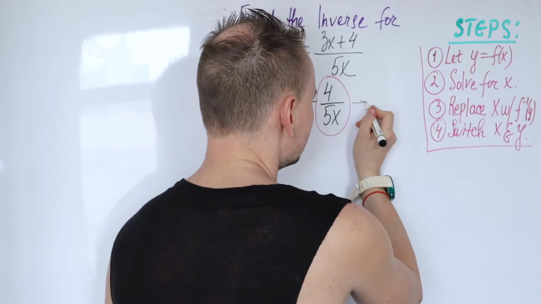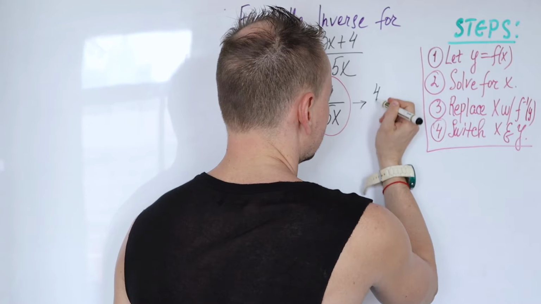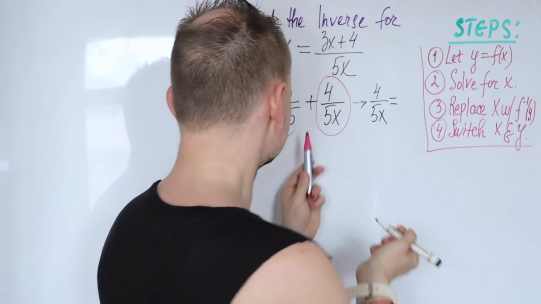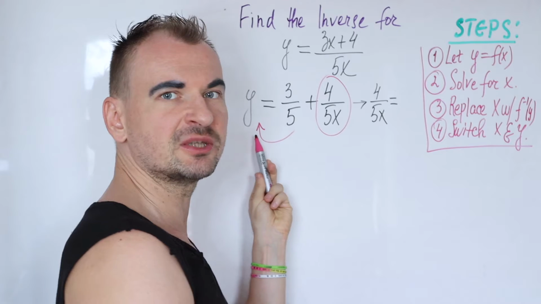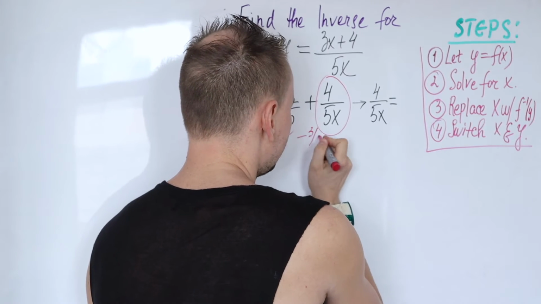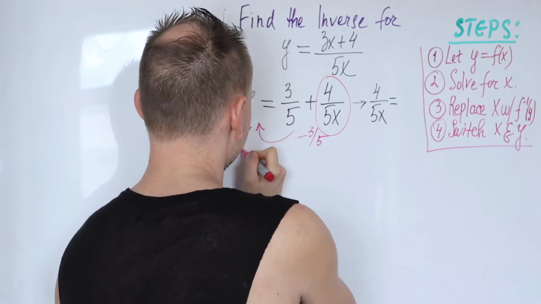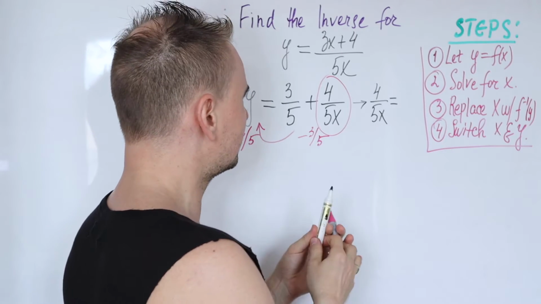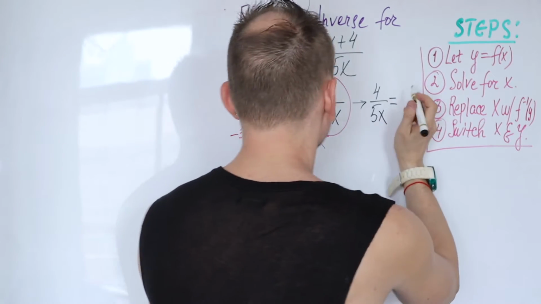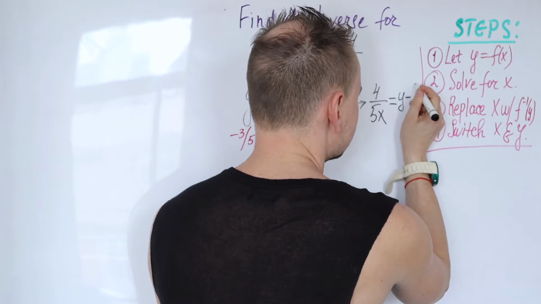So you move this constant by subtracting 3/5 from both sides. Here it's cancelled, and you would be left with y minus 3/5.